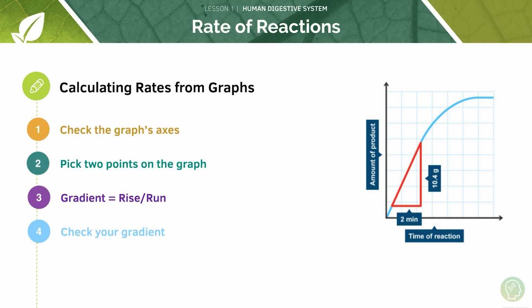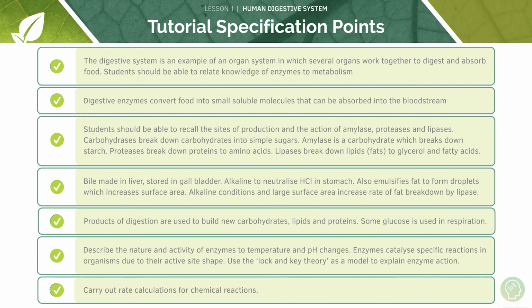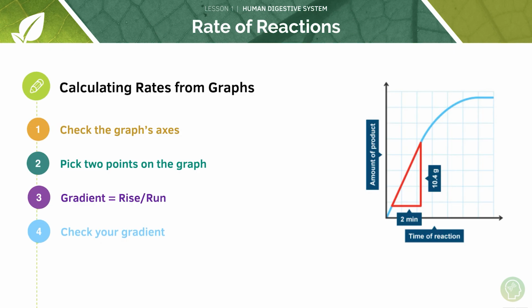So here that would be 10.4 grams over 2 minutes, which is 5.2. Now remember your units here. Remember your units because we've said that the gradient is going to be 10.4 grams over 2 minutes, which we're saying is 5.2.